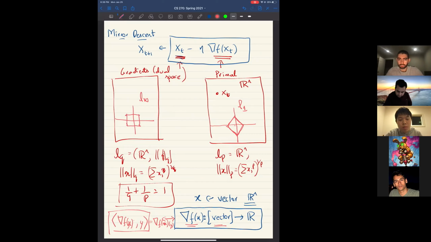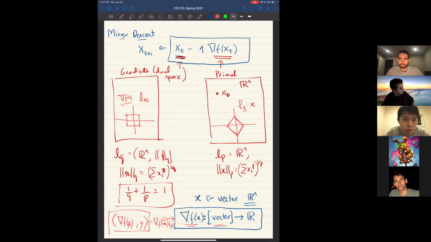So this is the geometry of X, and this is the geometry for the gradient vector. That's the natural geometry for the gradient vector. Its normalization is in the dual norm.